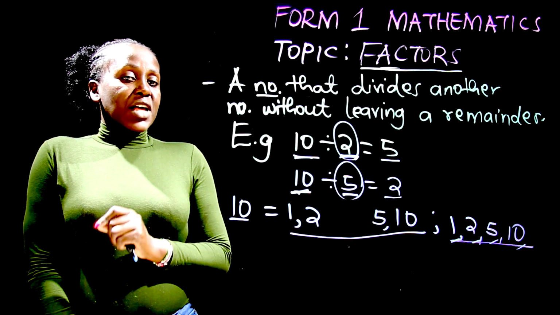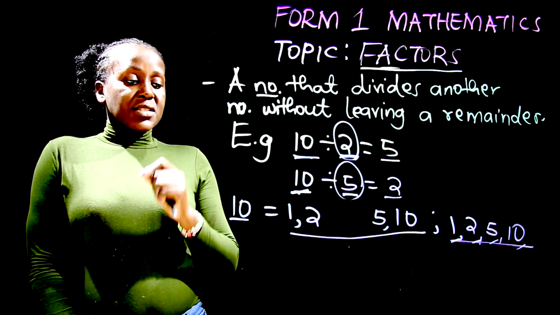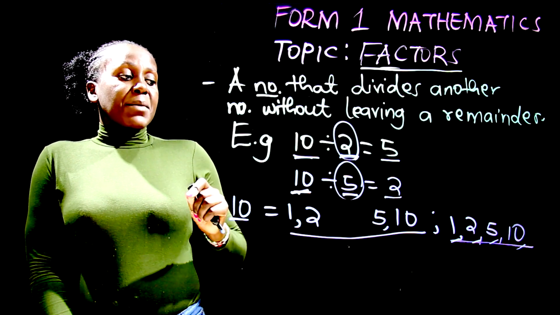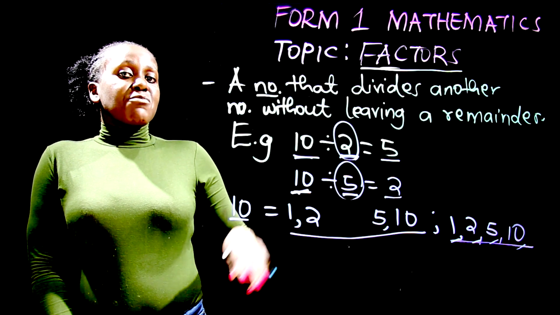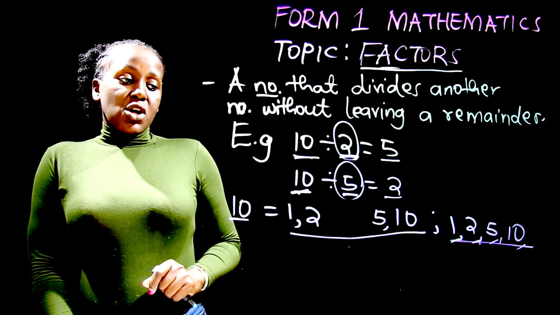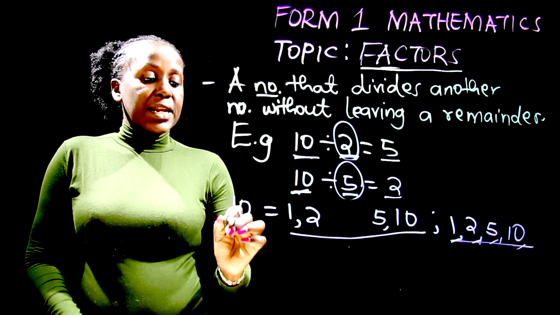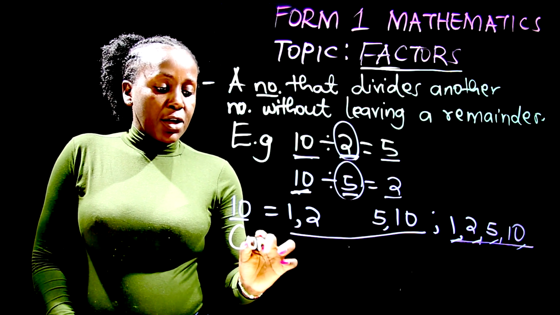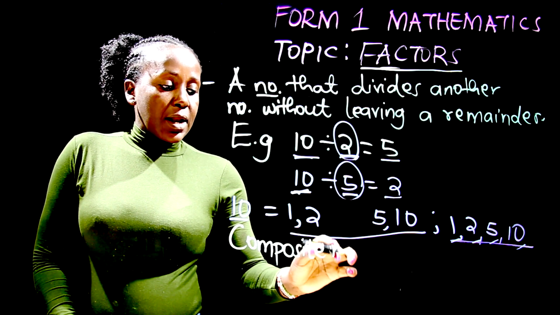What name did you give to that number? Yes, prime numbers. Prime numbers are numbers that only have 2 factors. So numbers that have more than 2 factors, what do we call them? We call them composite numbers. Okay? Composite numbers.